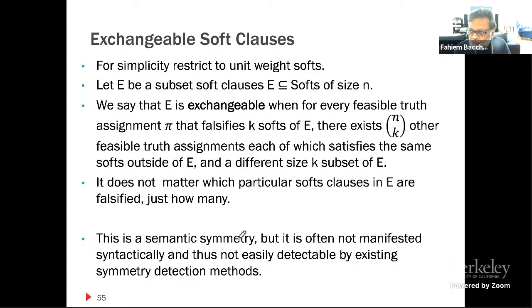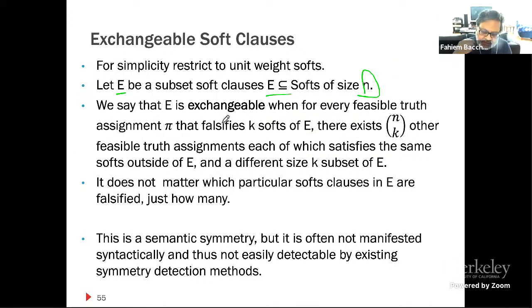Let's define this notion of what I would call an exchangeable set of soft clauses. And for simplicity, let's just restrict ourselves to unit weight soft clauses. You can lift this notion of exchangeability to weighted soft clauses too, but it's simpler to think about with unit soft clauses. So say that we have a formula with some soft clauses, and a subset of soft clauses E whose size is n.